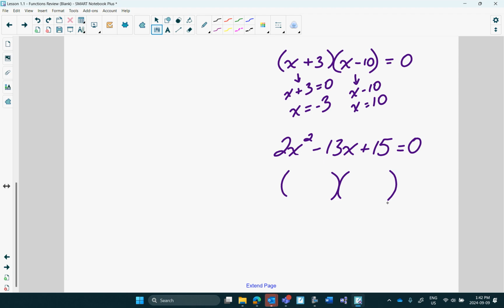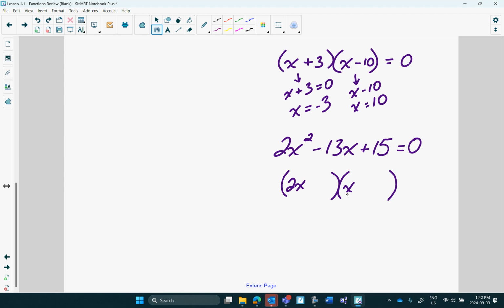The first two terms of the binomials must multiply to get the first term of the original. There's only one possible pair. Those are locked. It's got to be those. It's the second ones that I have to check out.